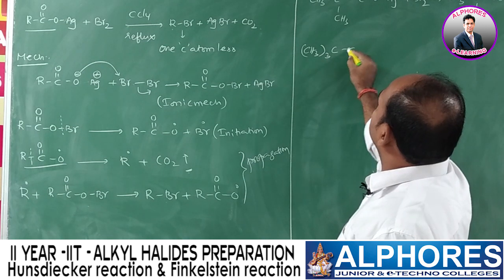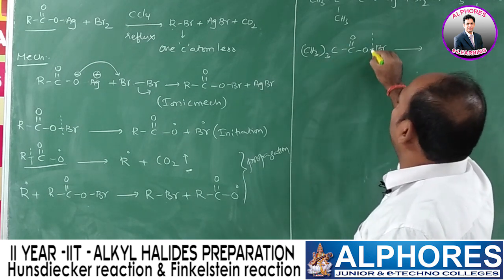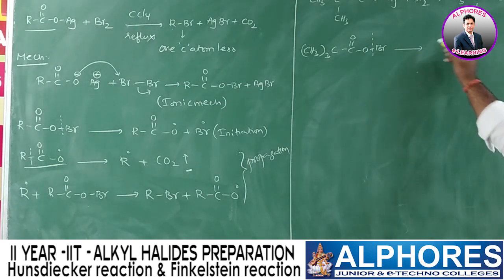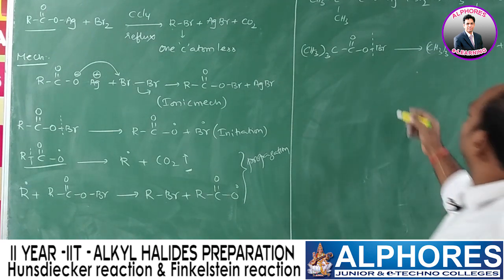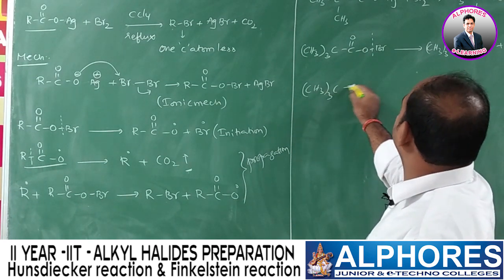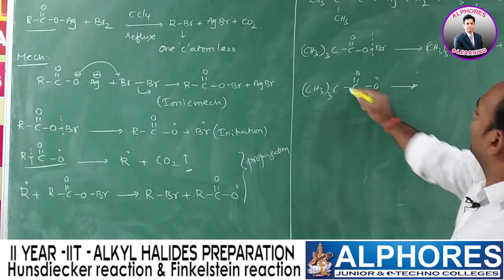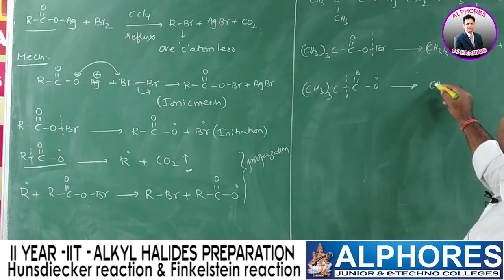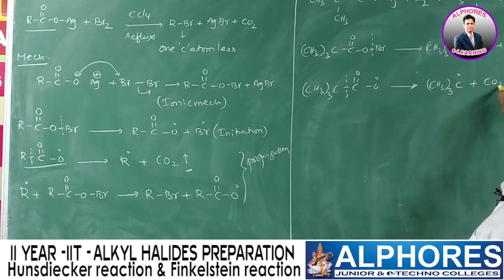(CH3)3C double bond O, OBr undergoes homolysis, and we get (CH3)3C double bond O radical and Br radical. That is the initiation step. The (CH3)3C double bond O radical undergoes further homolysis, and we get (CH3)3C radical and CO2.